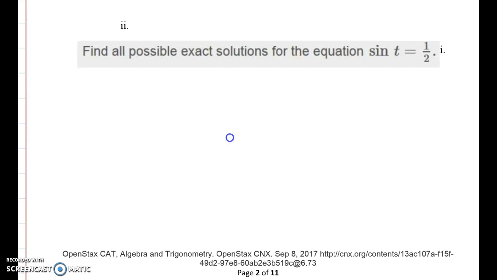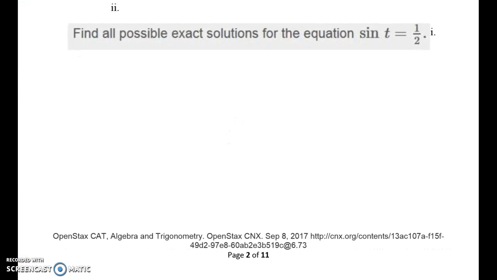So let's look at one with sine. It says find all possible exact solutions for the equation sine t equals 1/2. 1/2 is a nice one from your unit circle. And so I could say t is equal to pi over 6, and again, handy dandy unit circle here, t is equal to 5 pi over 6. But again, I want all possible exact solutions.